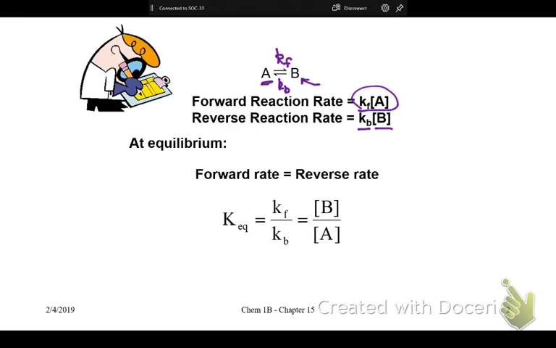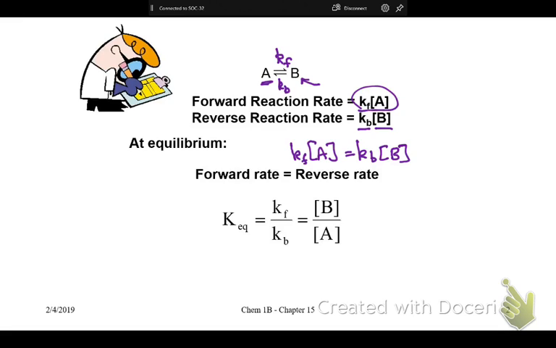Remember, this only happens if it goes to equilibrium. When you say that, you can say K forward times A is equal to K backwards times B. And in a rate law problem, you would solve for one of those and substitute. Okay? But you can also rearrange this and put all the constants on one side and all the variable things on the other side.